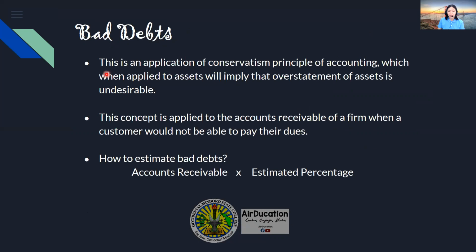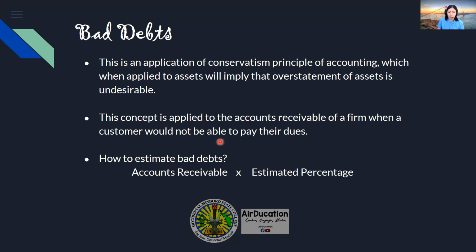Okay? So this is an application of conservatism principle of accounting, which when applied to assets will imply that overstatement of assets is undesirable. This concept is applied to the accounts receivable of a firm when a customer would not be able to pay their dues.